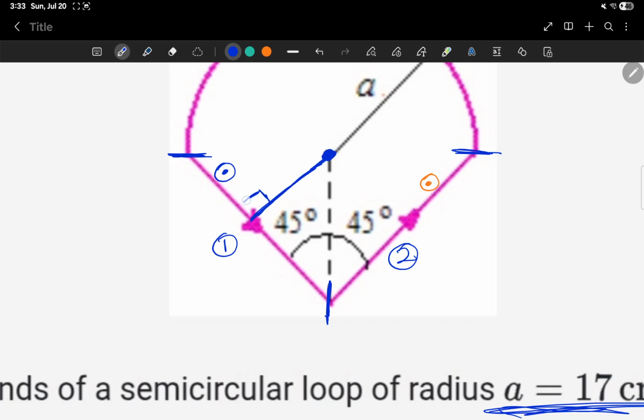Now I know that the angle on the left is 90 and the angle on the right is 90. This is something your teacher should have explained to you when starting the chapter on the Biot-Savart law. So both of these angles, theta 1 is equal to 90 degrees, and the angle here, theta 2, is also equal to 90 degrees.